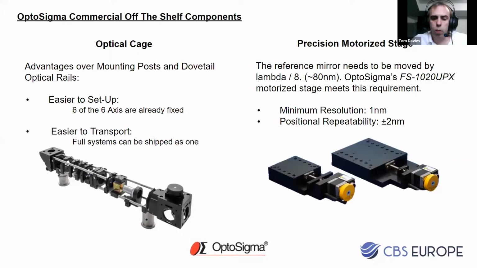If we're using a helium neon wavelength, then we need a nanostage that will step in around 80 nanometers per step. So we need to make sure that we have a precision motorized stage. OptoSigma's model here does that very nicely, and has a resolution of 1 nanometer and a positional repeatability of 2. So these are parts of the system that we'll be modeling.